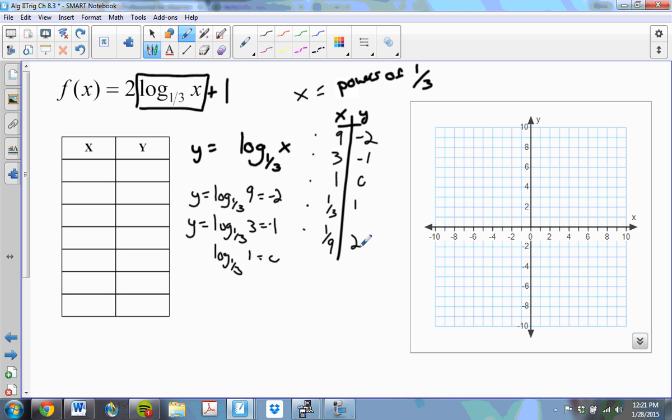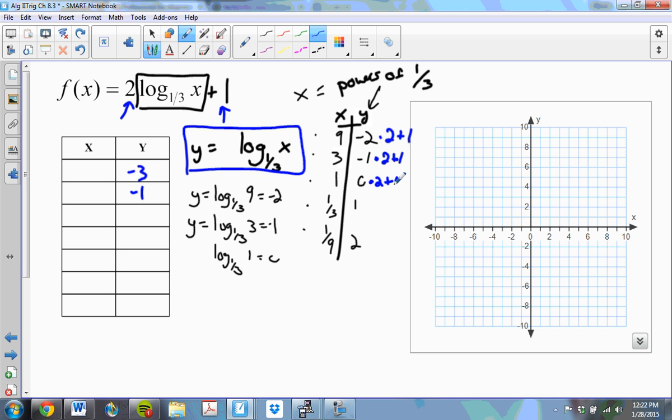And so these are my y columns for this function right here. So that function then gets multiplied by 2 and added 1 to it. So I'm actually going to take -2 and do it times 2 plus 1, and that's -3. I take -1, do it times 2 plus 1, and that's -1. Do 0 times 2 plus 1, and that's 1, and I'll go 3, and then I'll go 5. So my table looks like this.